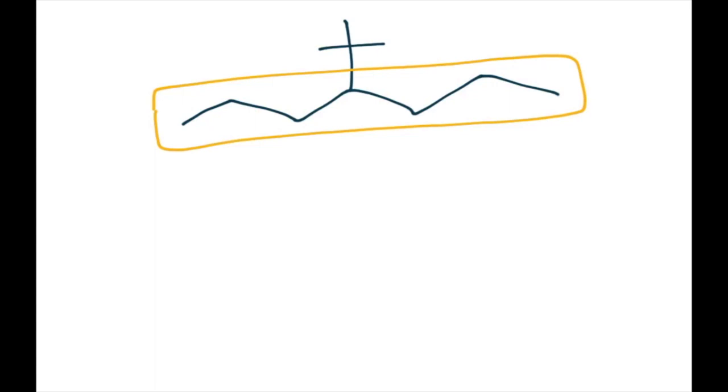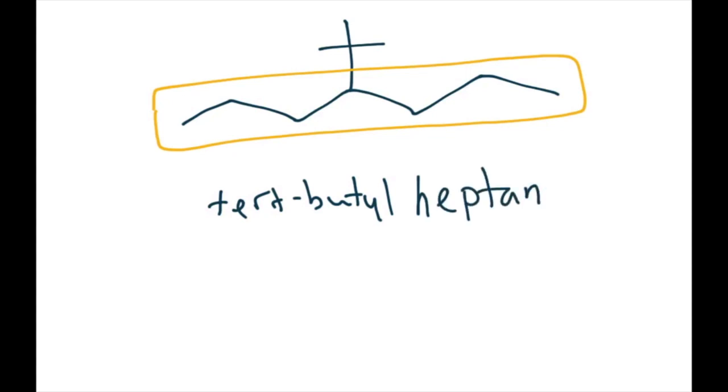So this would be tert-butylheptane on carbon 4, right? Because this is called tert-butyl. So this is where we get to use those names of the isomers that we had learned earlier. This is where we get to use those.